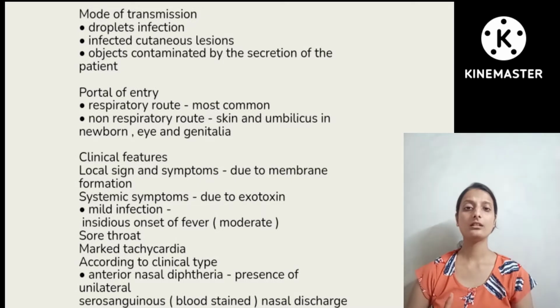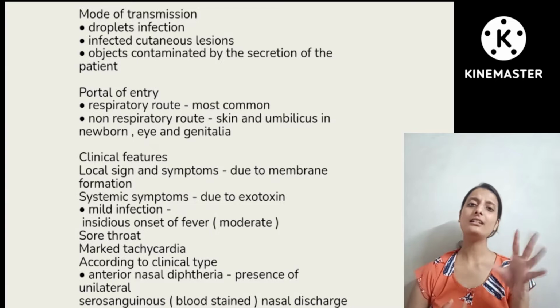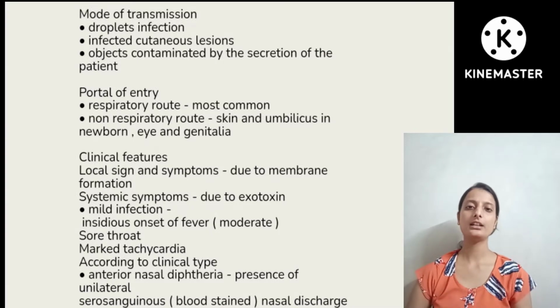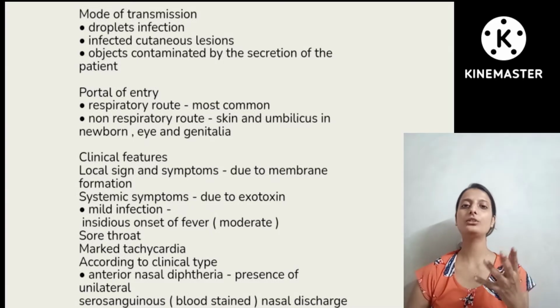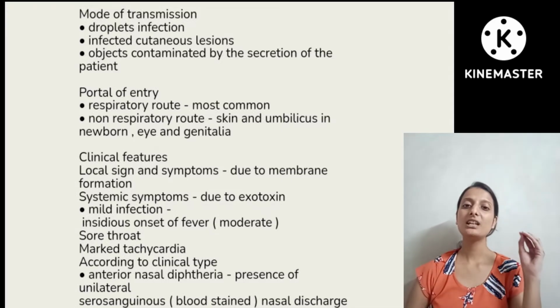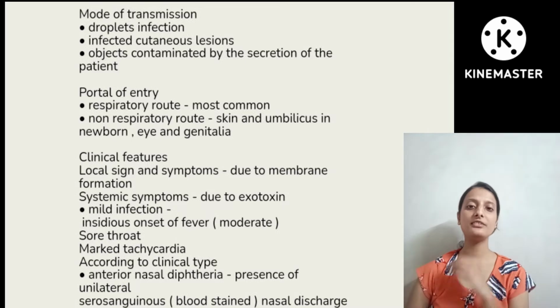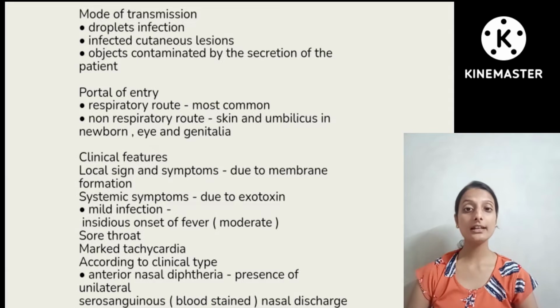Then comes the mild infection, right? In the mild infection there is sore throat, running nose, insidious onset of fever, and the fever is of a moderate type. Also there is marked tachycardia.